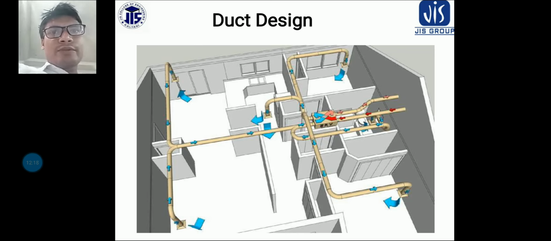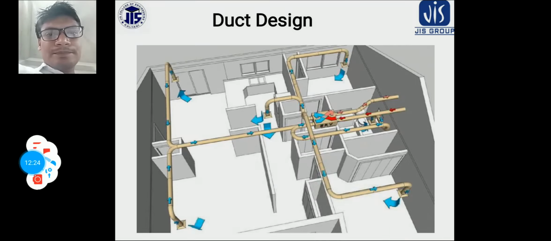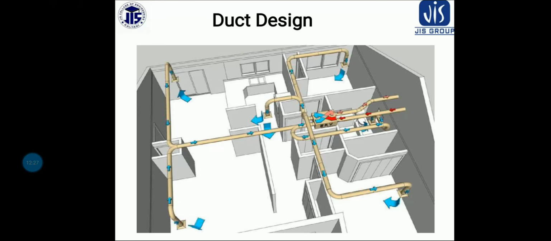Turning vanes may be provided, and properly fabricated transformation pieces should be used for contraction and expansion in the duct size. A smooth surface offers less resistance to the airflow than a rough surface.